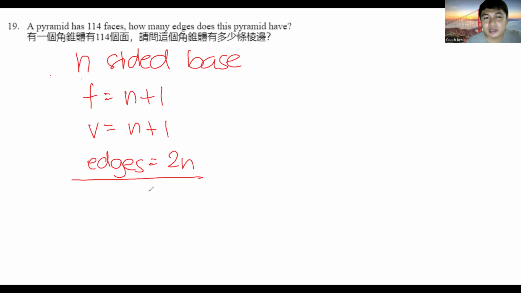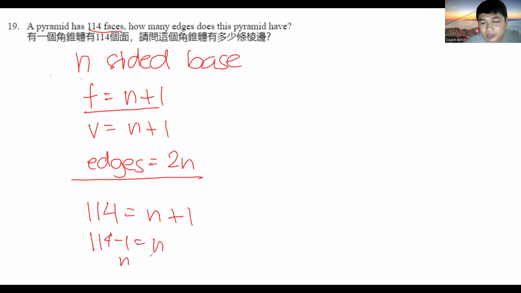Now if the pyramid has 114 faces, 114 is equal to n plus 1. First, we solve for how many sides the base has, which is just 114 minus 1 is equal to n, or n is equal to 113 sides.